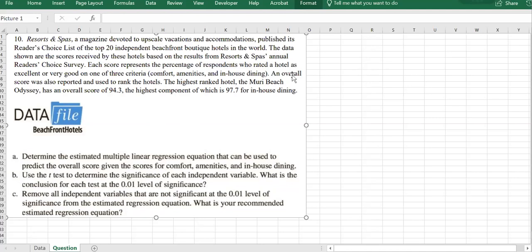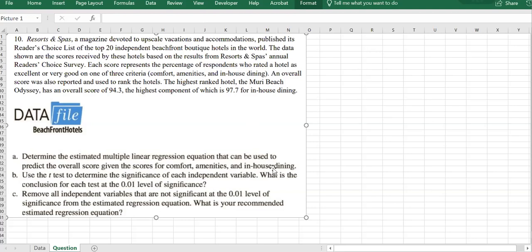And here in this question, we want to develop a multiple linear regression equation that can be used to predict the overall score given the other three scores: comfort, amenities, and in-house dining.